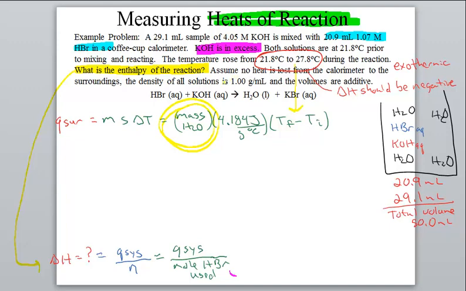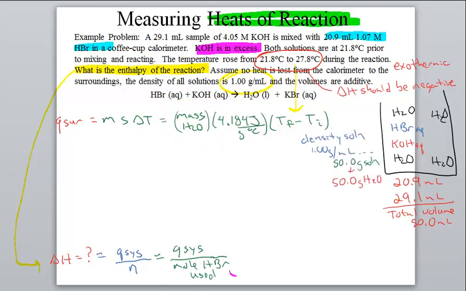If the density of the solution is 1 gram per milliliter, then if there's 50 milliliters of solution, we have 50 grams of solution, and we'll assume that that total mass is 50 grams of water. So this volume becomes grams using the density of the solution, and we'll assume that the mass of the solution is the grams of water, and we'll plug that into our equation.